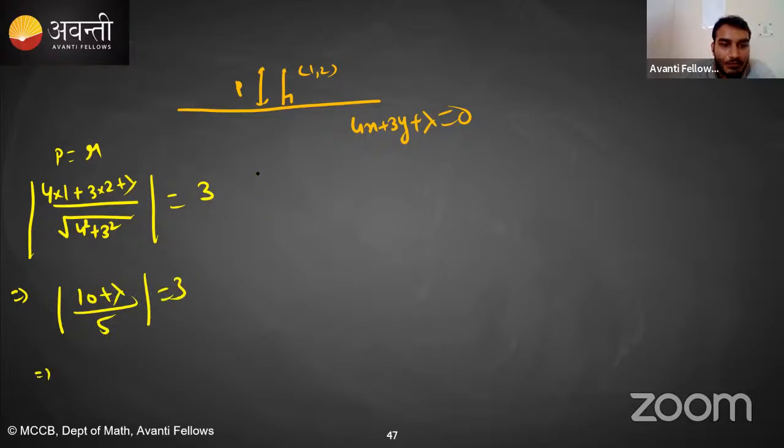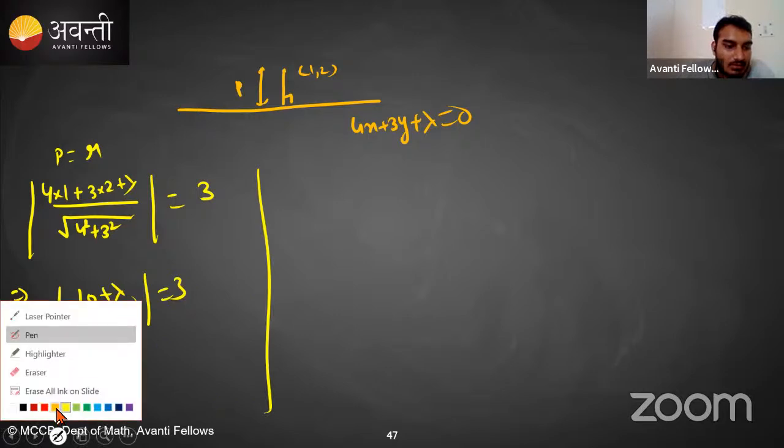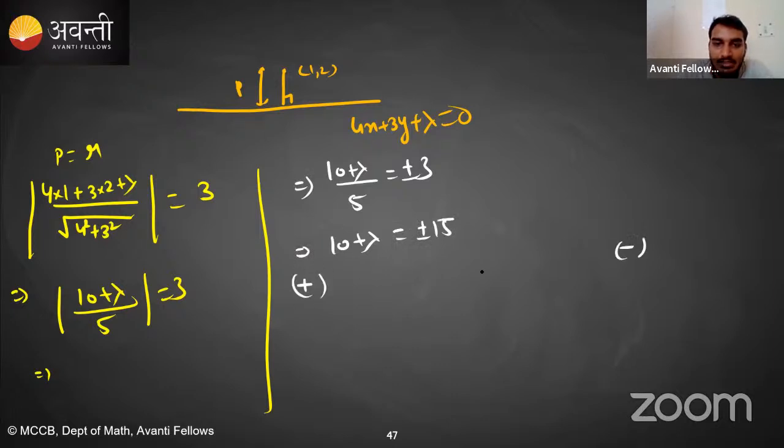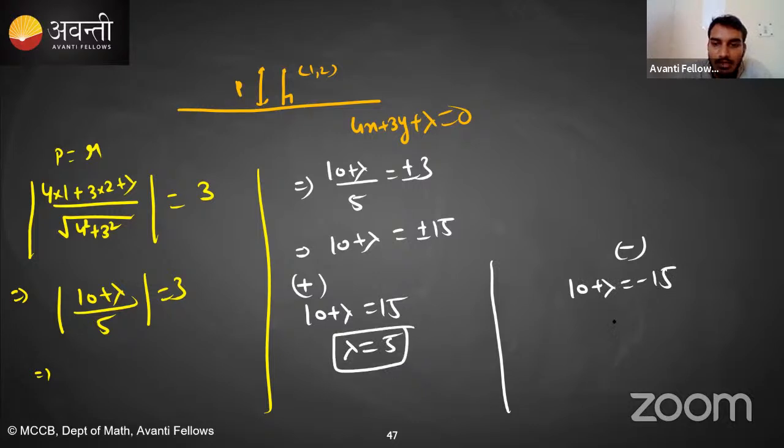From here you can say that 10 plus lambda upon 5 is plus minus 3. So 10 plus lambda is plus minus 15. So एक बार प्लस साइन कंसीडर कर लो और एक बार माइनस साइन कंसीडर कर लो. Plus sign gives 10 plus lambda equal to 15, minus sign gives 10 plus lambda equal to minus 15. So from here lambda is 5 and from here lambda is minus 25.